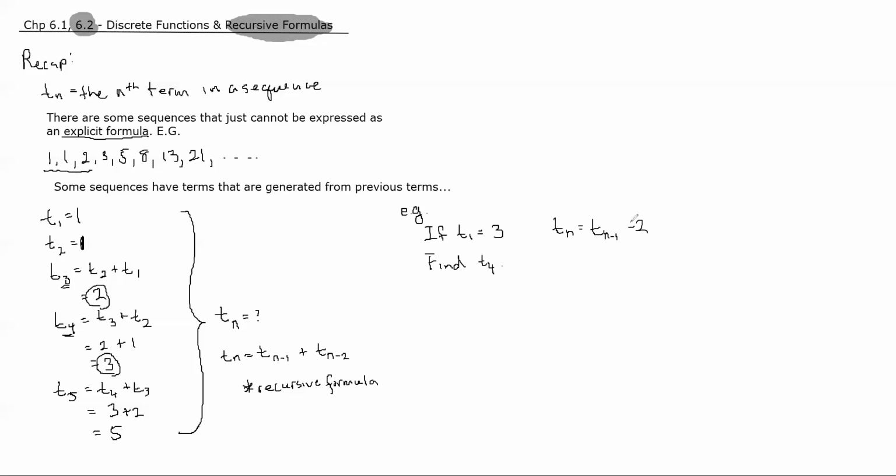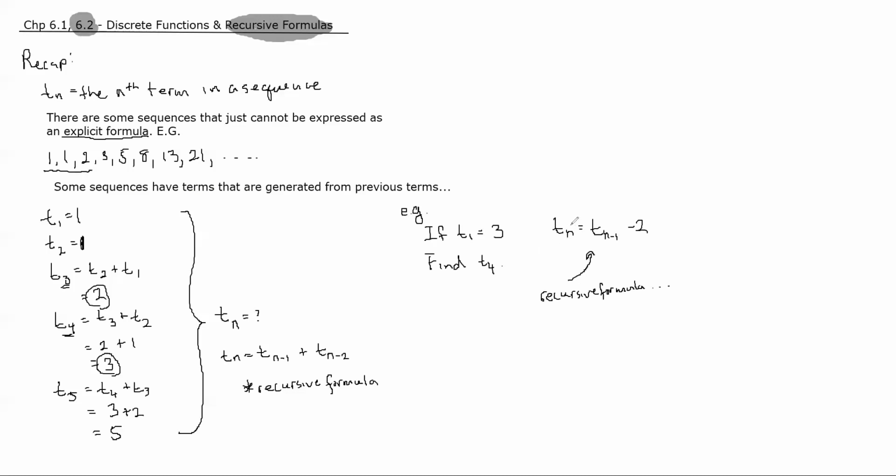Because this is a recursive formula, you have no choice but to actually figure out manually the second term, then the third term, so that you can figure out the fourth term. Another way of explaining is, if you want T4, I need T3.